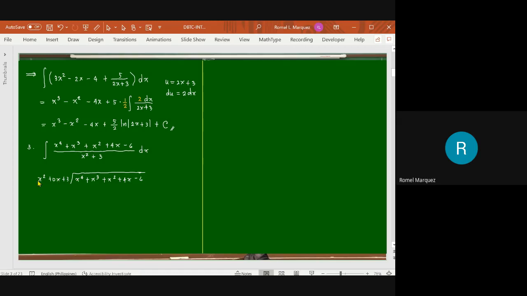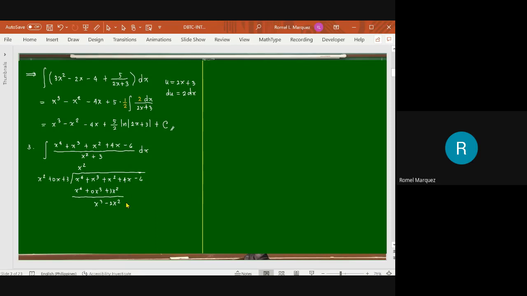So x to the 4th divided by x squared, that is x squared. X squared times x squared, so that is x to the 4th. And then plus 0x cubed, and then plus 3x squared. Get the difference. So what's the difference? 0. This is x cubed. This is negative 2x squared.